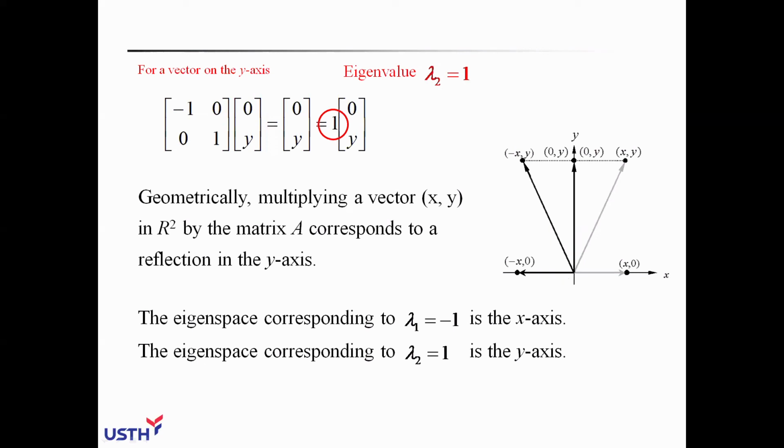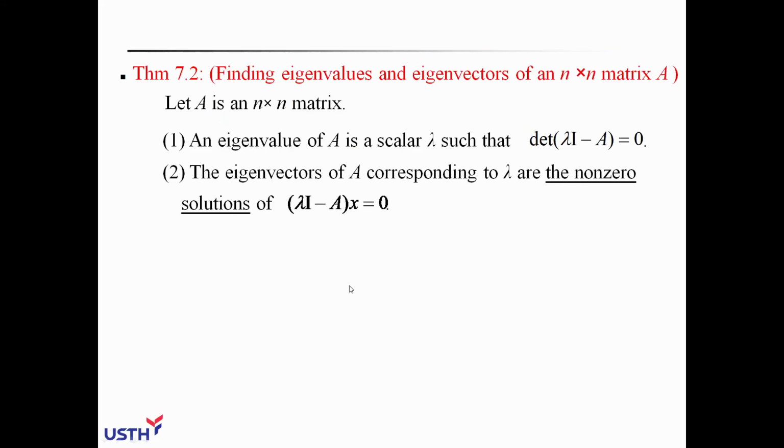A zero vector cannot be an eigenvector. So in that case, we have two eigenspaces. The first one is here, and the second one is there. So that is an example for you to see what the eigenspace is.